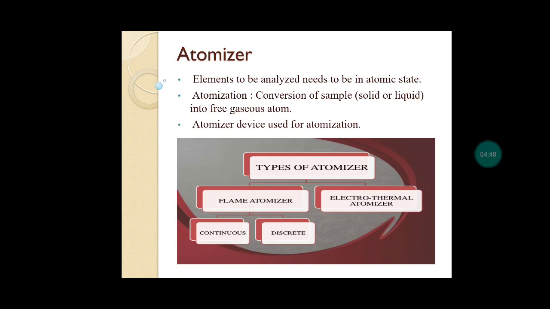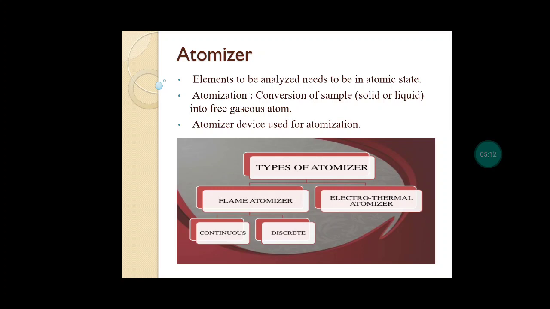The continuous atomizer: the sample enters the atomizer at constant speed, but it is not used for dissolved solids. Second is the discrete atomizer. A discrete atomizer measures the amount of sample that enters the atomizer. It is effective when only a small sample is available.